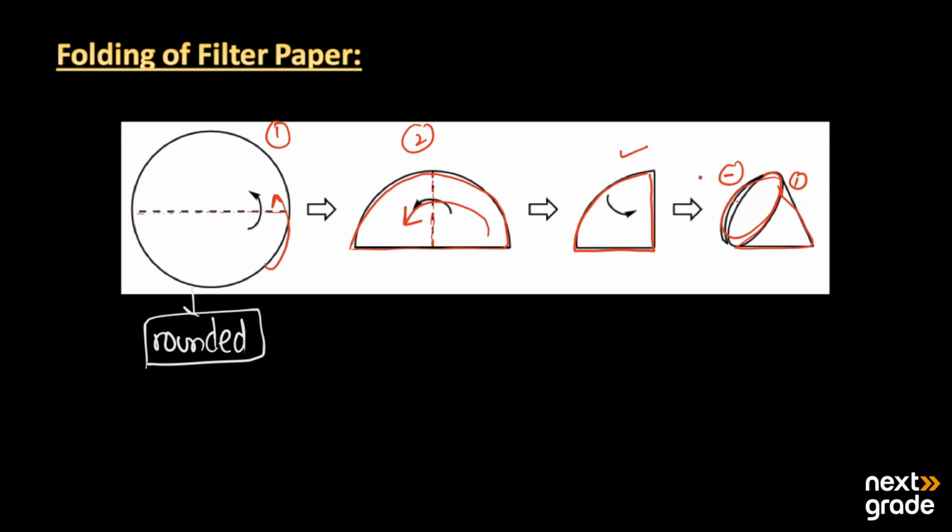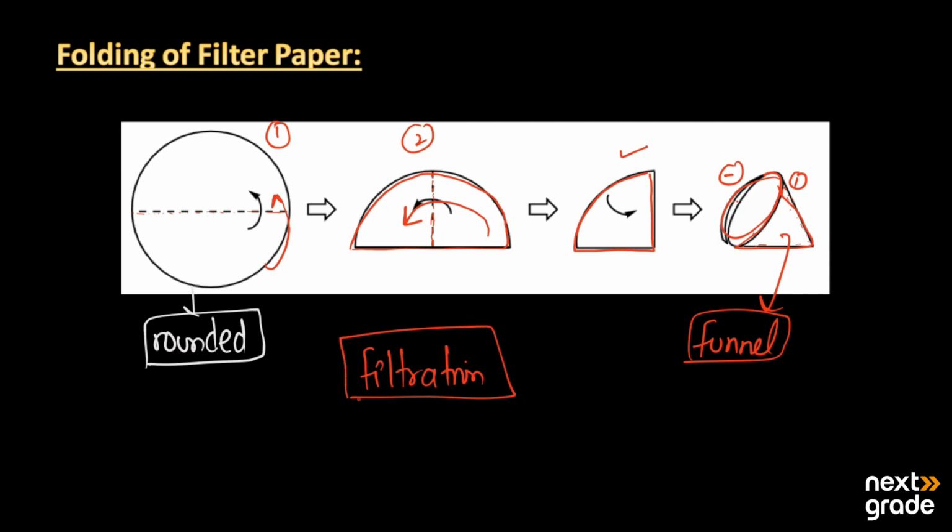That is a very important step for filtration. So after folding the filter paper, we put it into the funnel, as its sides get adjusted with the funnel, and it can be used for the process of filtration. So filtration is a very simple process.